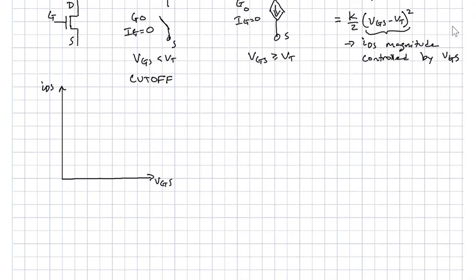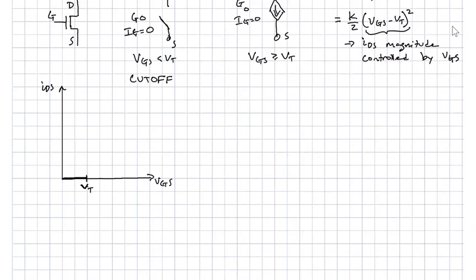This tells us the amount of control we have of the drain source current with the gate terminal. For one, we know what the answer is below this critical threshold point. Below that VT, we have no current. So all the action is going to happen when we get VGS above VT.